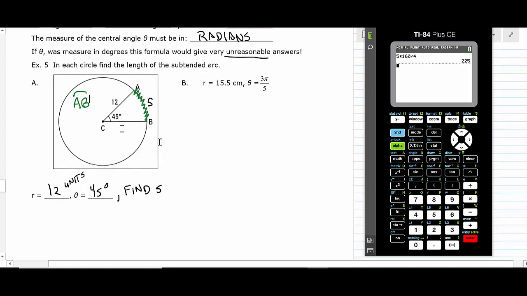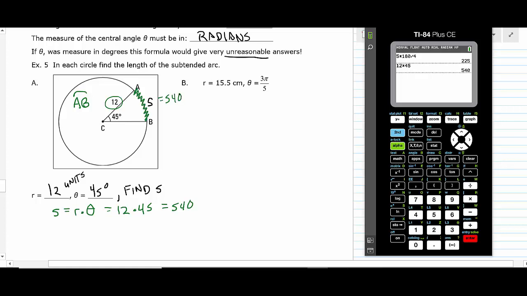Now I want to show you something on this. I'm doing this wrong on purpose because I see students do this all the time. We know the formula is S equals r theta. Well, let's do 12 times 45 on the calculator and see what we get. Okay, I get 540. Now let me ask you, this is 12, this is 540.